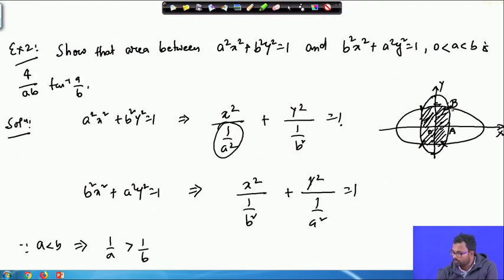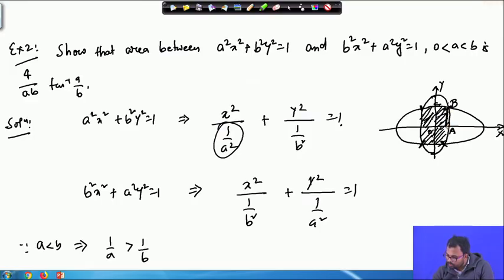If we call this point of intersection B, then in that case it will be the area of this curve and then this curve.